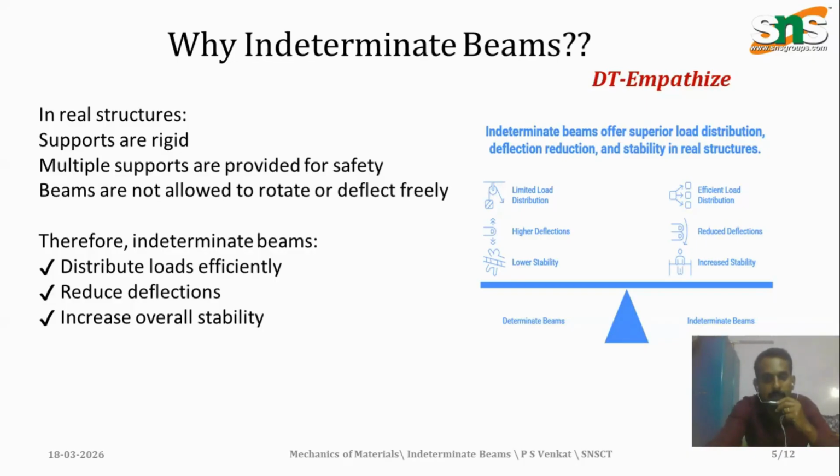The advantages are load distribution, that is, loads are shared among multiple supports, reduced deflection, less bending compared to determinate beams, and higher safety. Even if one support fails, the structure may still stand, and it also provides better stability. It is more resistant to vibration and external forces. For example, a continuous beam in a building slab distributes load across columns, making it safer than a single span beam.